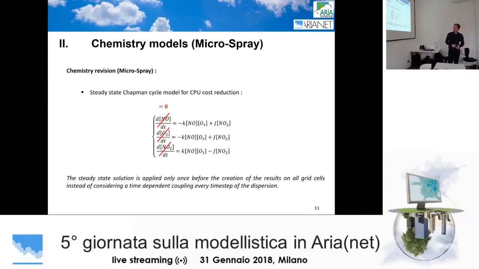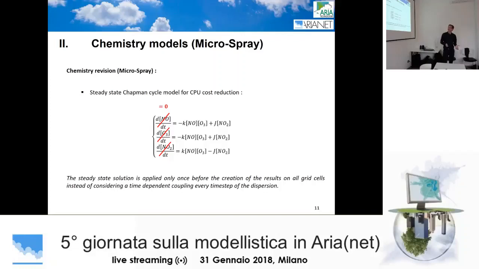Third point about chemistry. Computing a high-resolution chemistry with the Lagrangian model is very time-consuming. So we have implemented a quick solution called the steady-state Chapman cycle. It's the same Chapman equations, the two equations we discussed in the first place. But in these equations, we consider that we are at equilibrium and all the time-dependent terms are set to 0.